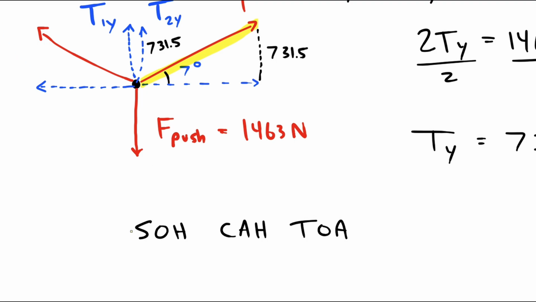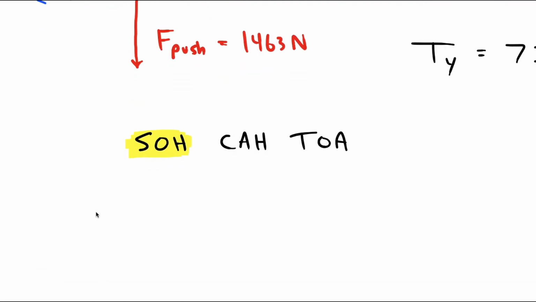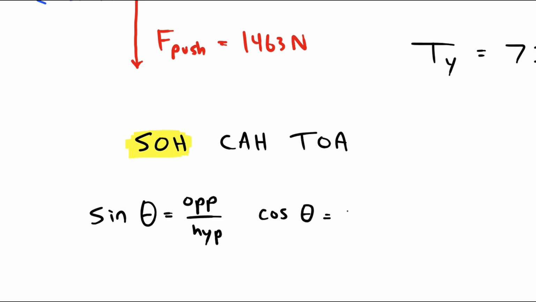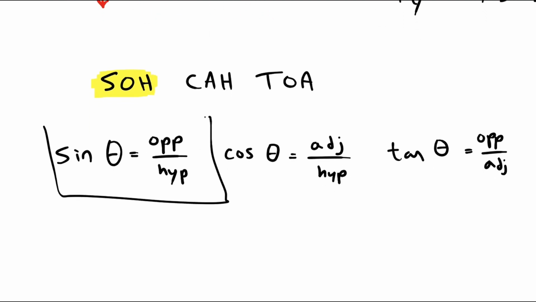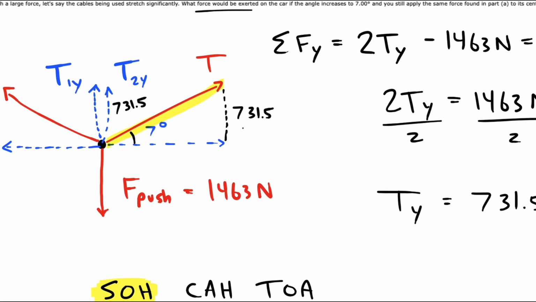SOHCAHTOA. I would go with sine, the opposite over the hypotenuse, instead of cosine, and I wouldn't use tan here. I would use this one because we have the opposite, we want the hypotenuse, and you have the angle.